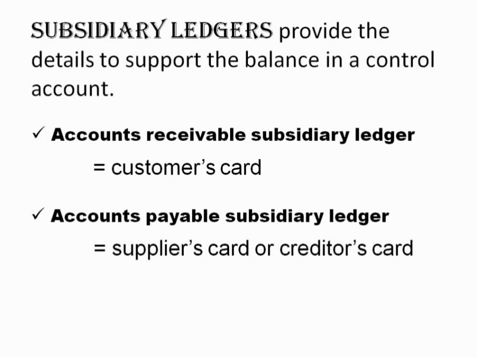It can easily provide you with the balance of the total accounts payable but not the accounts payable to a particular or specific supplier only. With accounts payable subsidiary ledgers, however, you will be able to immediately know how much is the accounts payable to each supplier as of a given time.